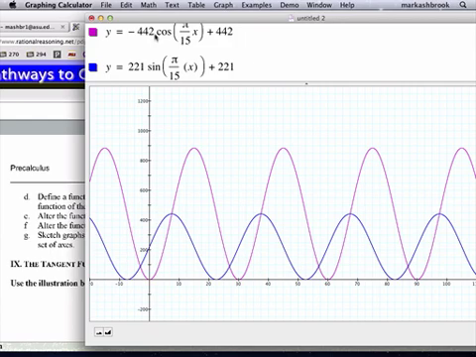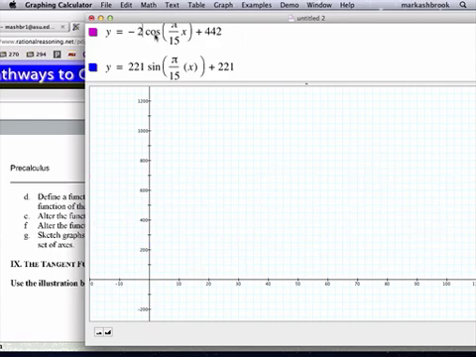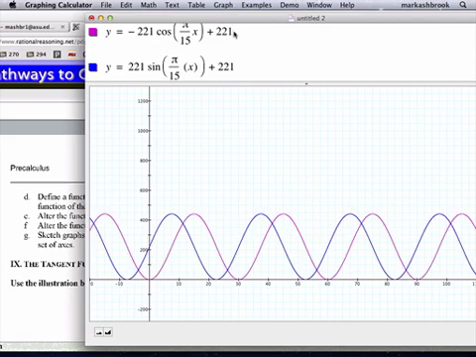So here the pink one's the original, right? And I said, let's just graph it positive, and then we'll ask, what phase shift do I need on positive sine to get the graph I want?